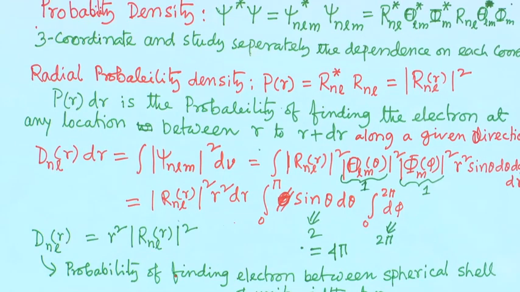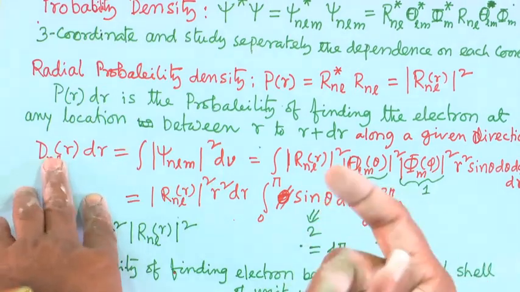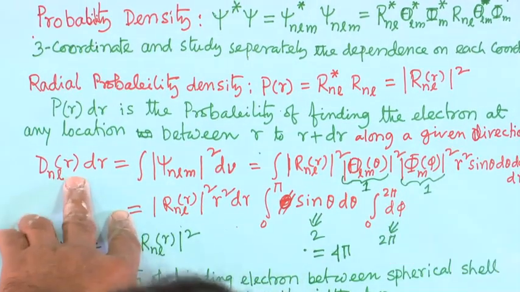Now, if I define another parameter, what is the probability to find a particle between two spherical cells, a sphere of radius r and another sphere of radius r plus dr. So, what is the probability to find the electron between these two spherical cells? Okay.